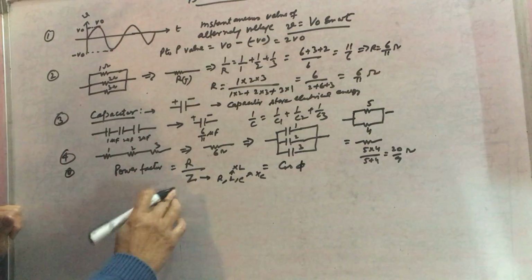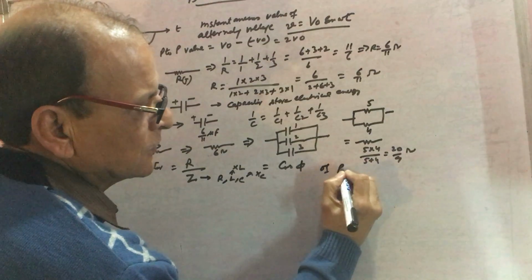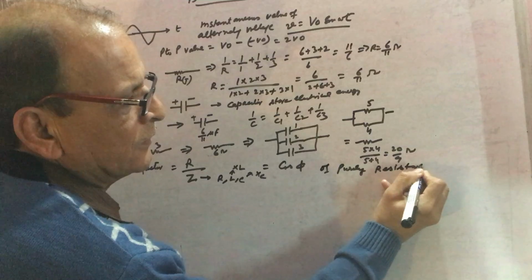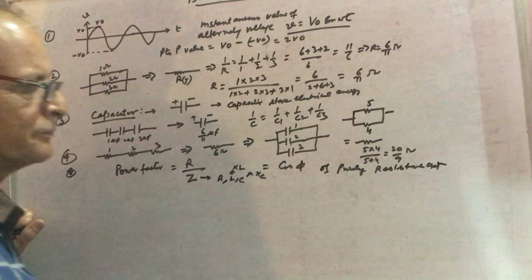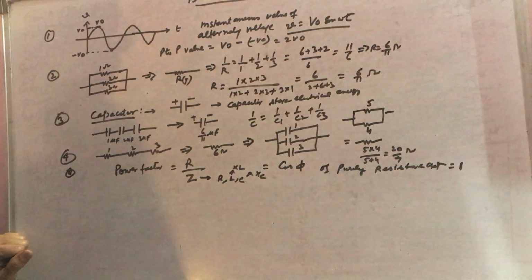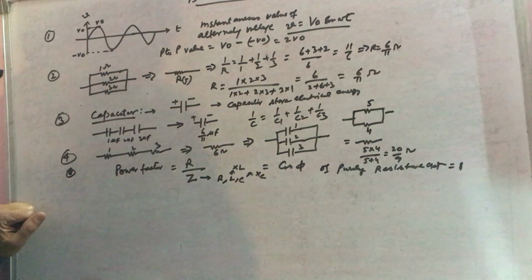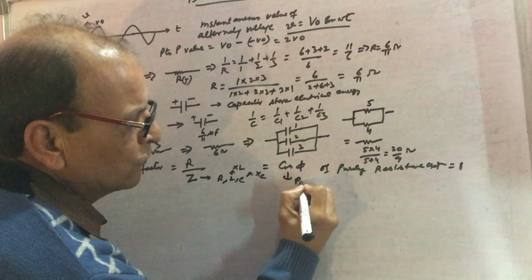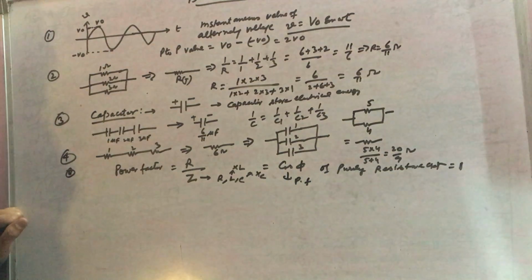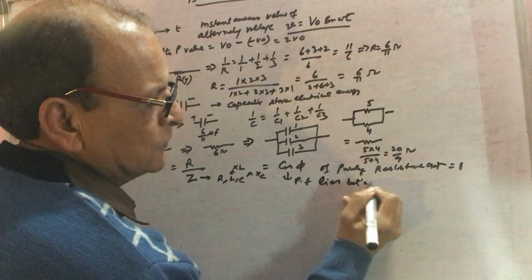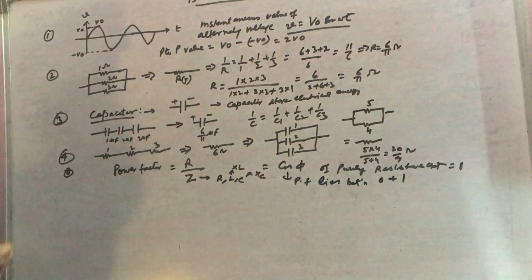So the power factor of a purely resistive circuit is 1. How it is 1, I will tell you. Also one thing you must remember: the power factor of any material lies between 0 and 1.